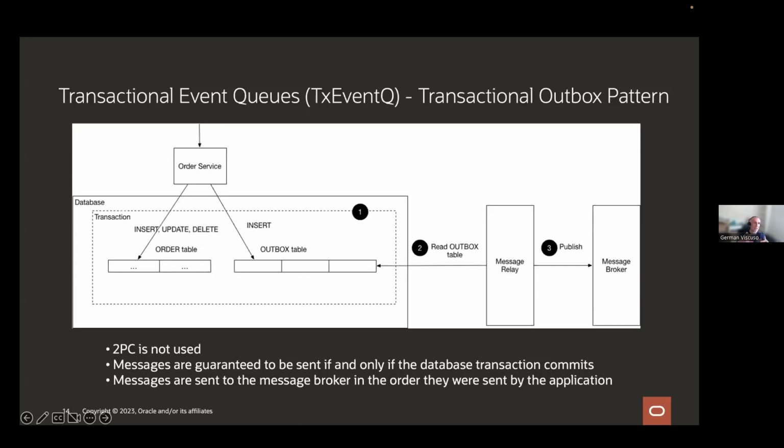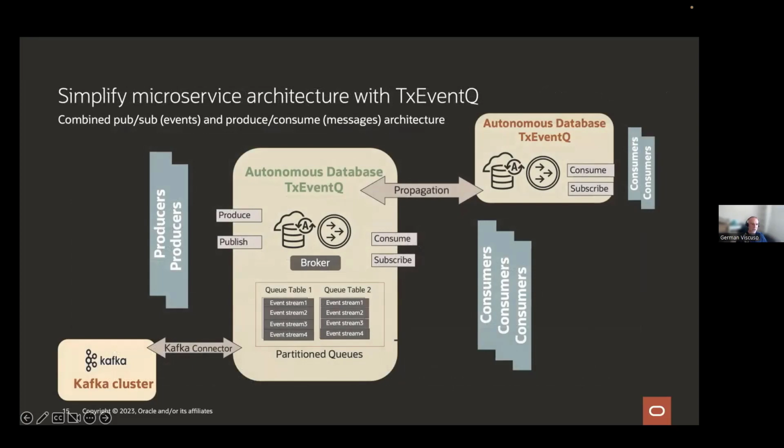You don't have to go through a series of steps back and forth to make sure that this got done by blocking the transaction, and the order of messages is preserved. So this is the basis of transactional event queues, which is the evolution of what we used to call Oracle's advanced queues. Let's take a closer look at that.